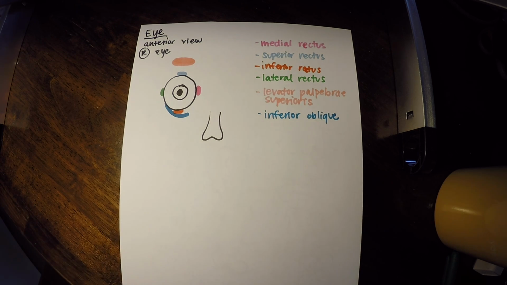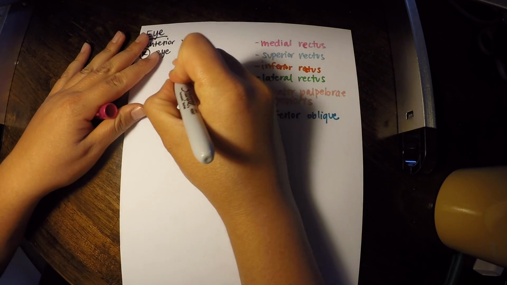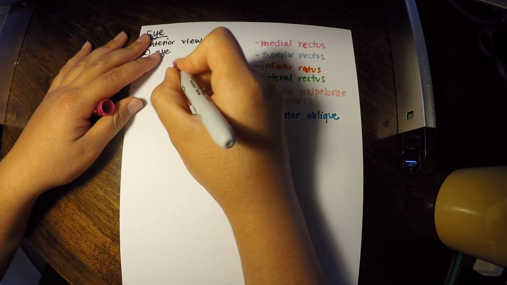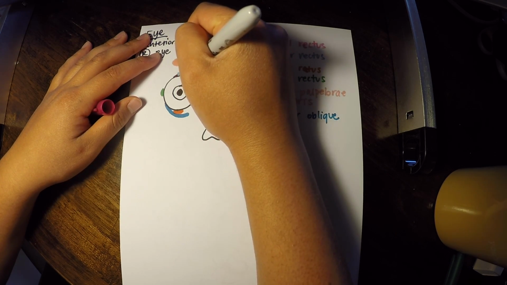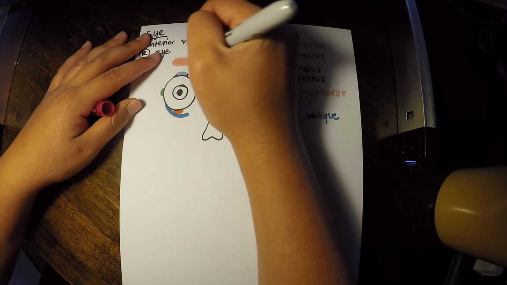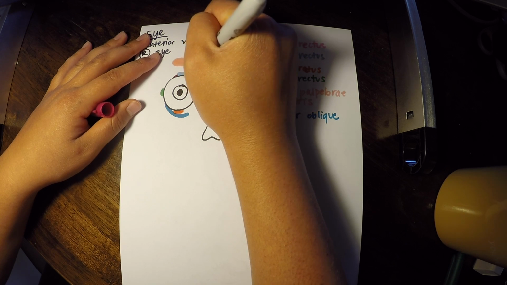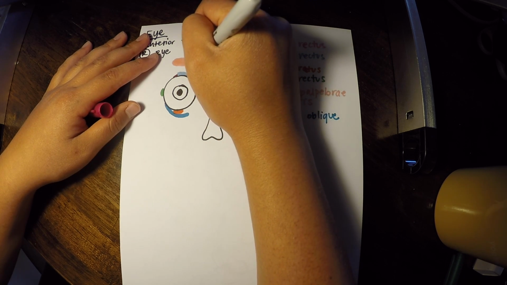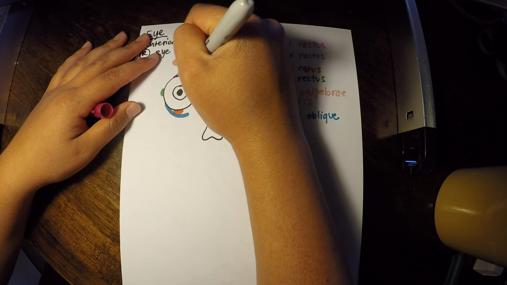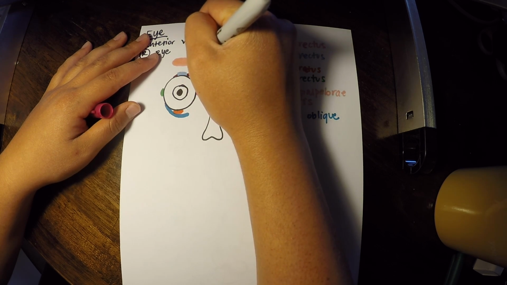Now we're also going to have a superior oblique muscle, which will do the opposite of what the inferior oblique muscle does. And the superior oblique muscle is going to be one of those exceptions where it's not innervated by oculomotor or cranial nerve number 3. So it's actually going to start kind of down here, and it's going to move underneath superior rectus, and it's going to come out to the side, just like that.